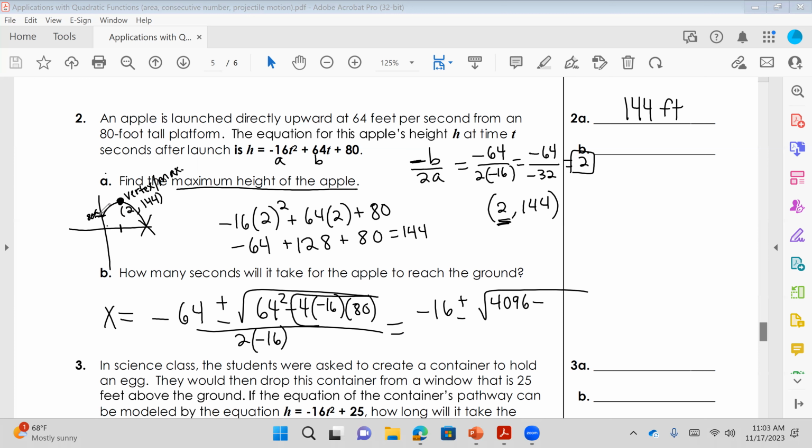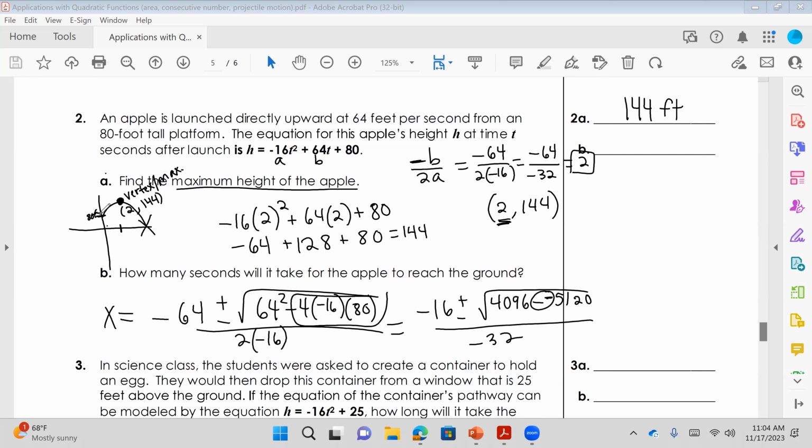Minus all of this is a negative 4 times 16, 64. 64 times 80 is 5,120, all over negative 32.